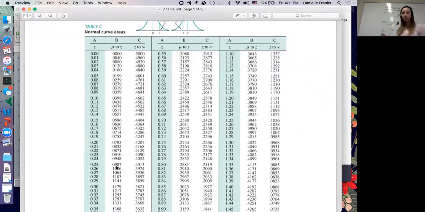So in order to complete this problem, all you would do is add 0.5, which was half of the distribution, plus this 0.0987, and that gives you your answer.